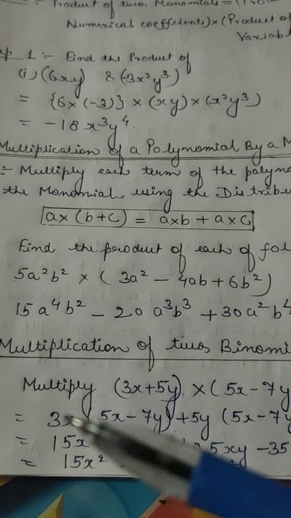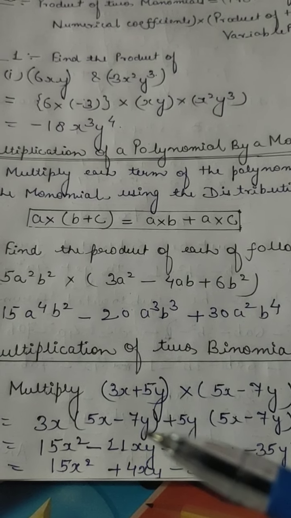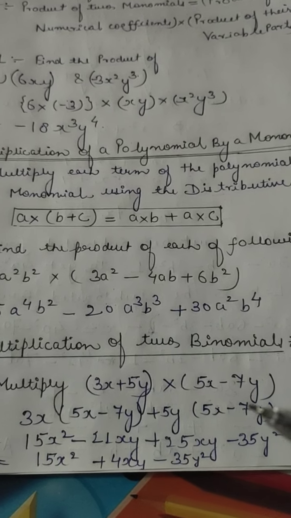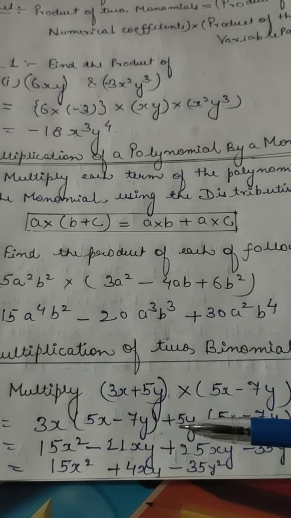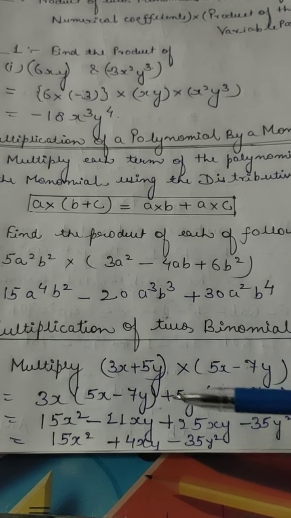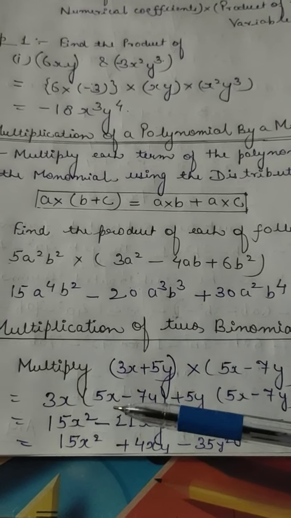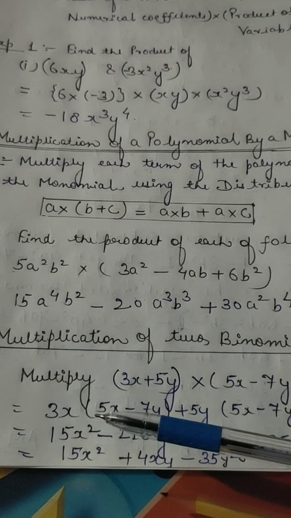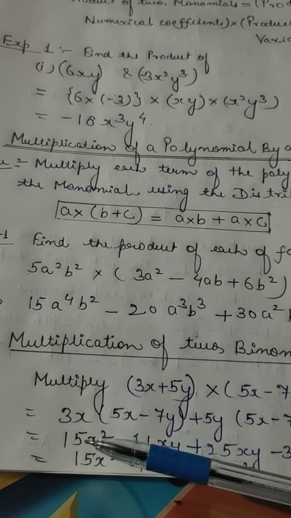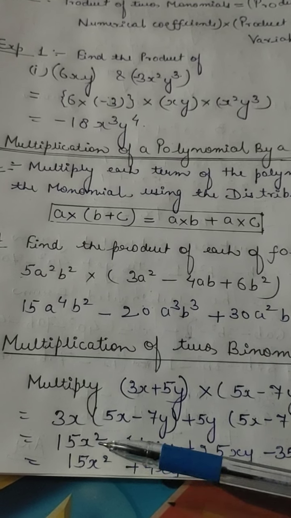See here, 3x is multiplied with 5x minus 7y, and 5y is multiplied with 5x minus 7y. Remember the sign, here the plus 5y is written, so plus 5y is written over here. Then we have to simply multiply their coefficient. 3 is multiplied with 5 will give 15, and x is multiplied with x will give x square.